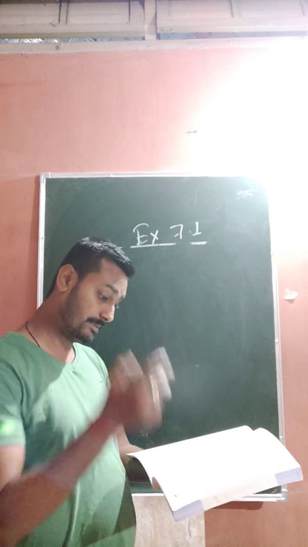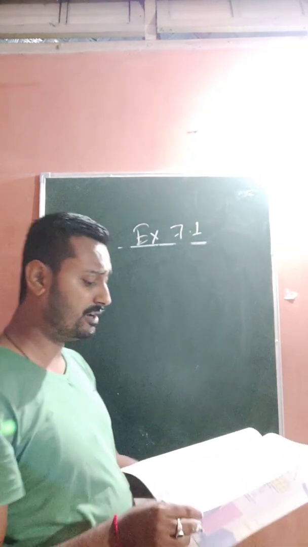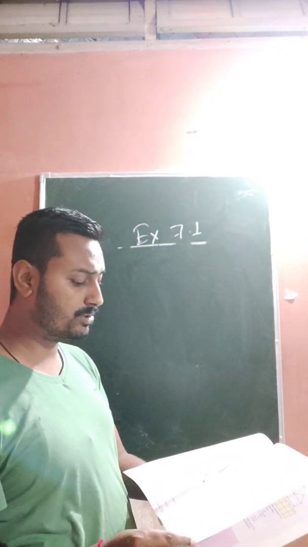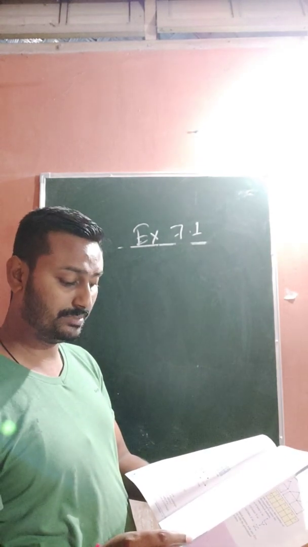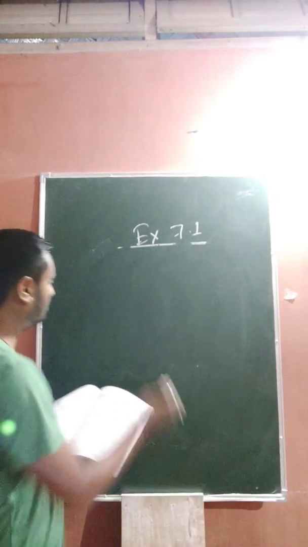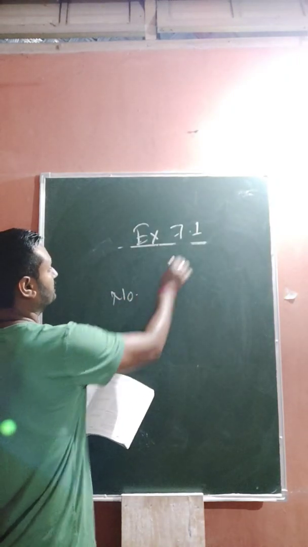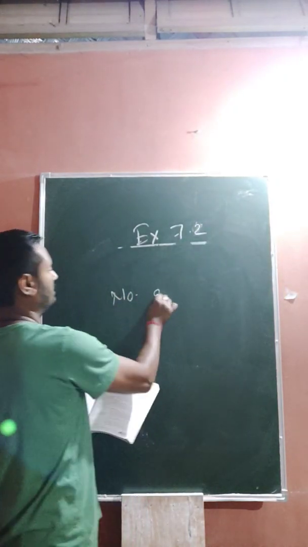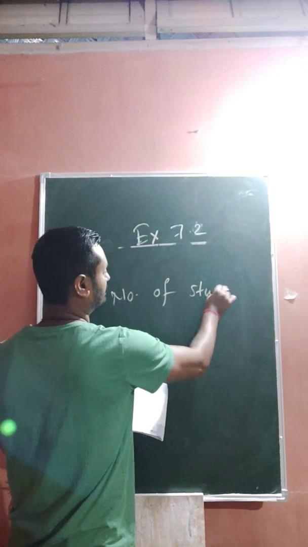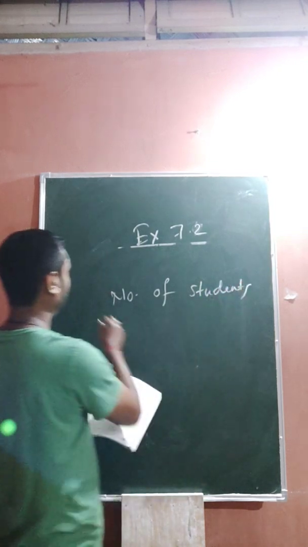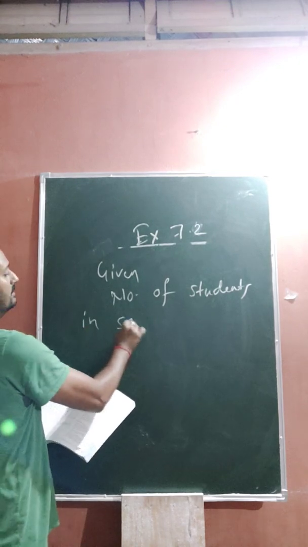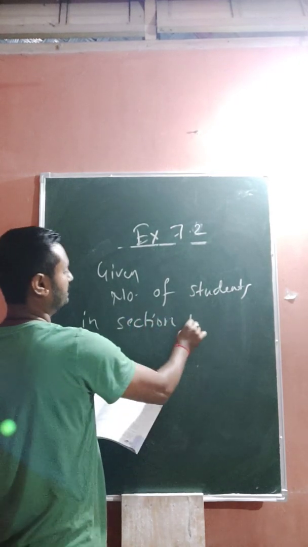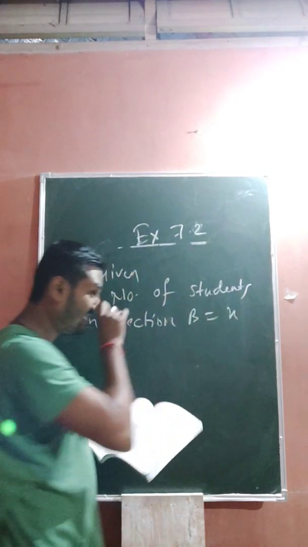Exercise 7.2, first one: the section A of class 6 has 4 students more than section B. Section C has 6 students less than section B. If section B has x students, find the number of students in the other sections. The students in section B is given as x.